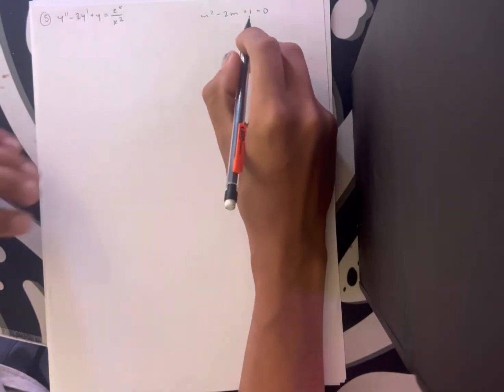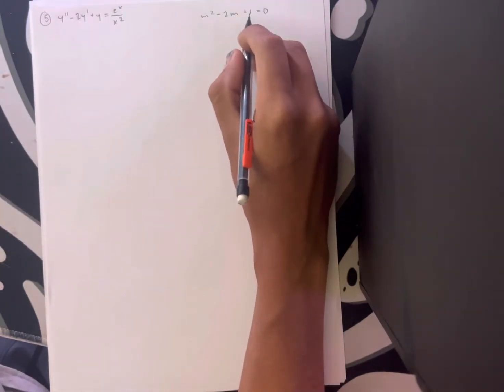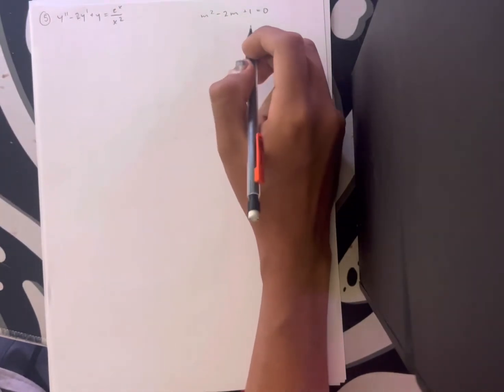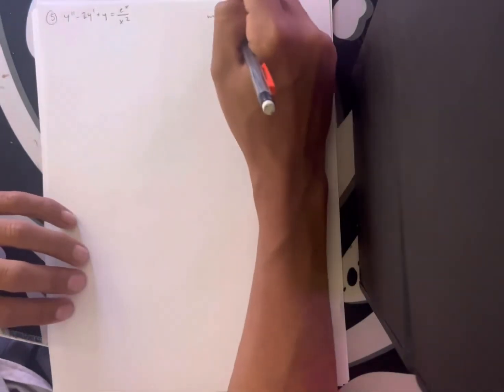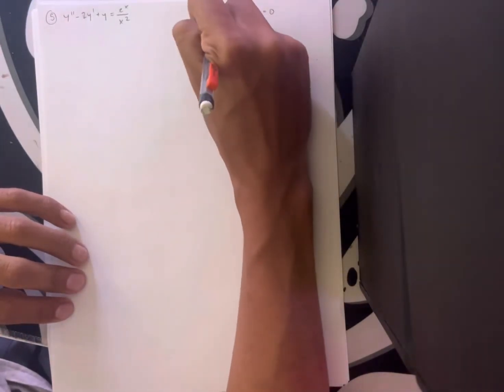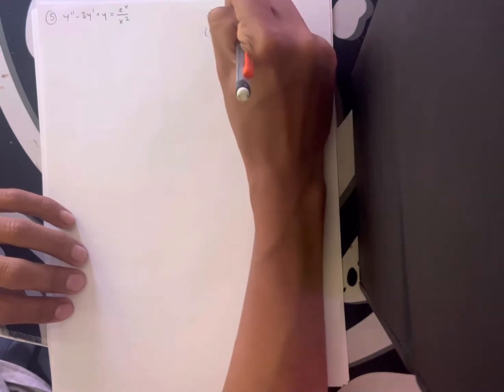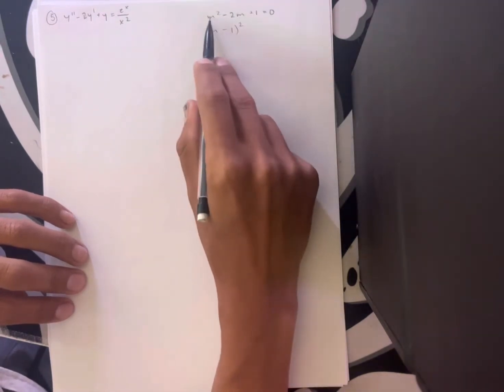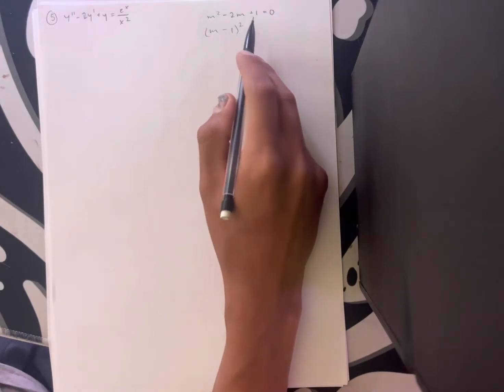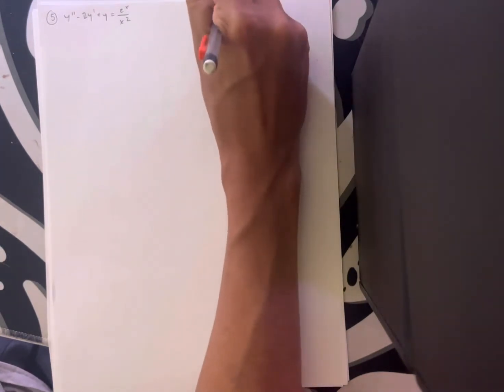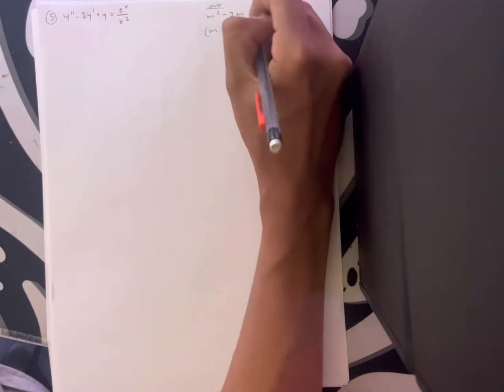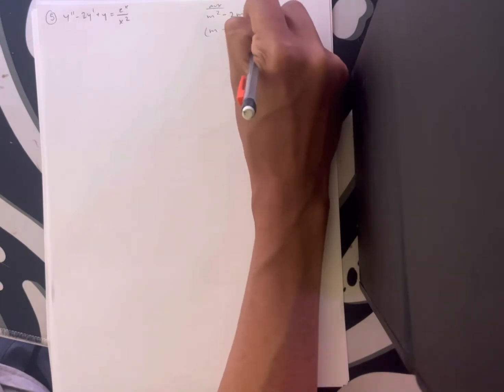Now, since it's pretty small numbers and 1 goes into 2 times evenly, you could just rewrite it as m minus 1 to the second power, which is equivalent to m squared minus 2m plus 1, which would be equal to 0.